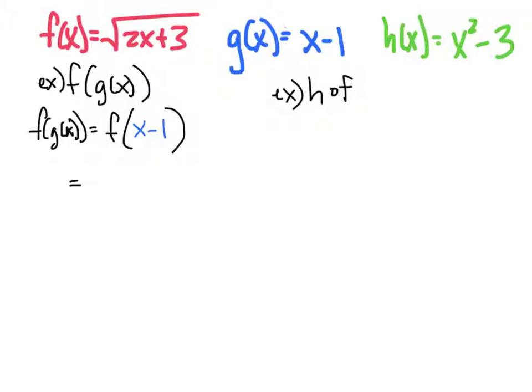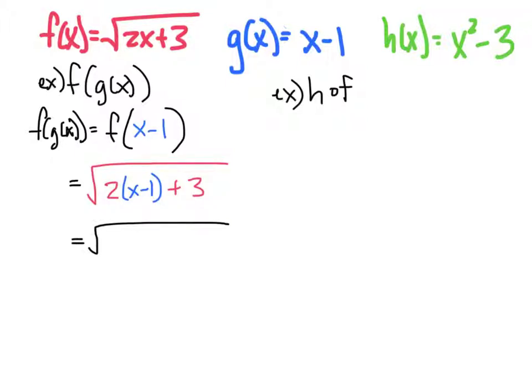So this is equal to the square root of 2 times, all the x's are replaced with x minus 1, plus 3. Okay. So that's the square root. The 2 gets distributed across the binomial, so 2x minus 2 plus 3. So f of g of x is equal to the square root of 2x plus 1.